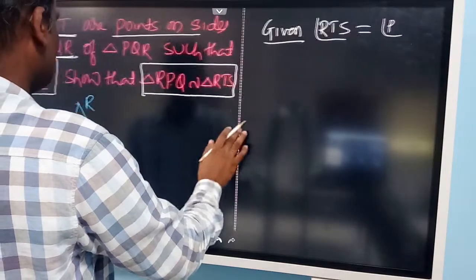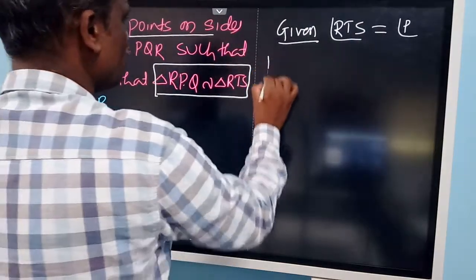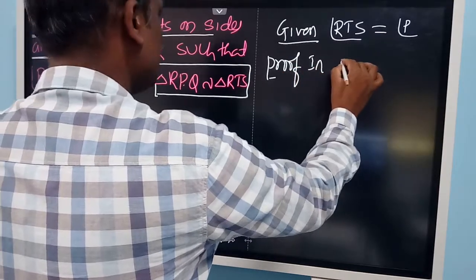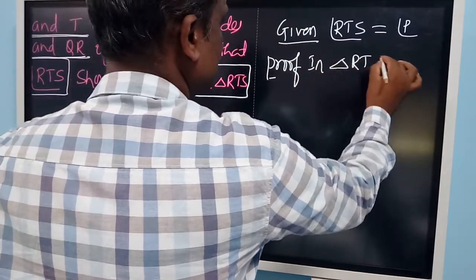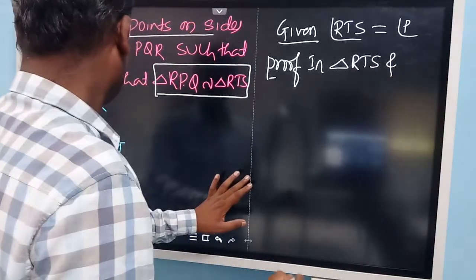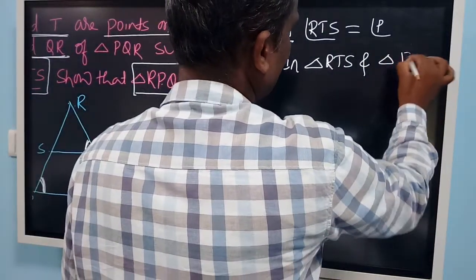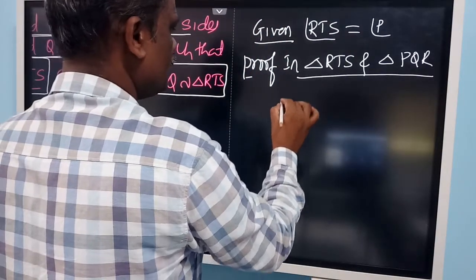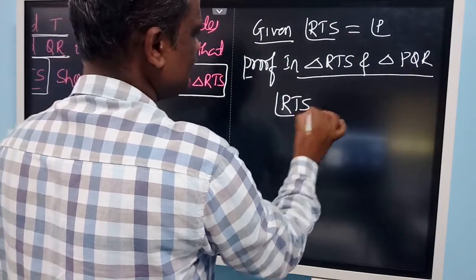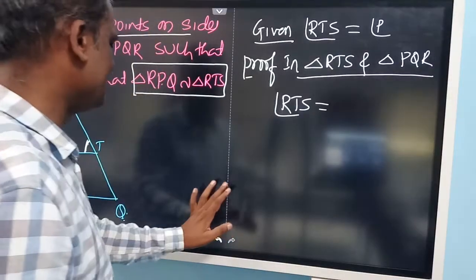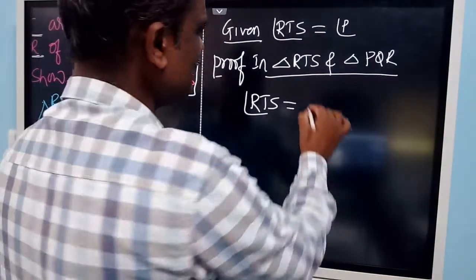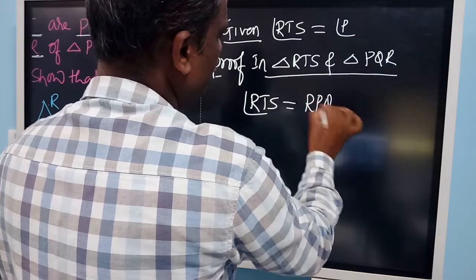Now let's go to the proof. In triangle RTS and triangle PQR, we have one angle RTS equal to angle P, which I will write as angle RPQ.